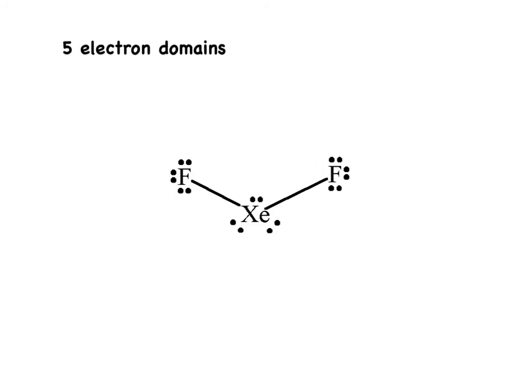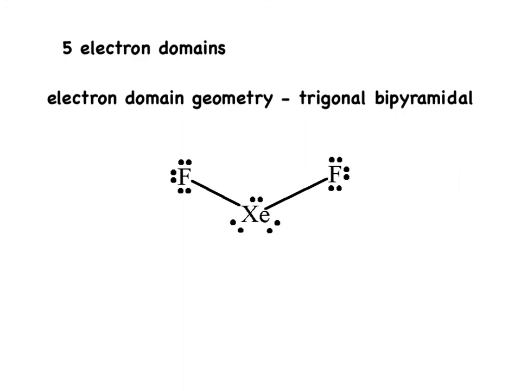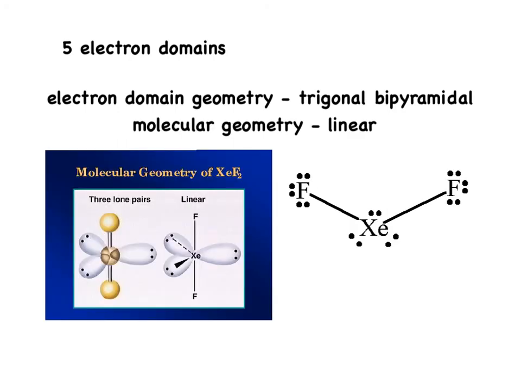Xenon difluoride has 5 electron domains, and so its electron domain geometry is trigonal bipyramidal, but we only have 2 shared pairs and 3 unshared pairs, and so our molecular geometry in this instance would be linear. See how the 3 unshared pairs of electrons come off the central atom in the same plane.